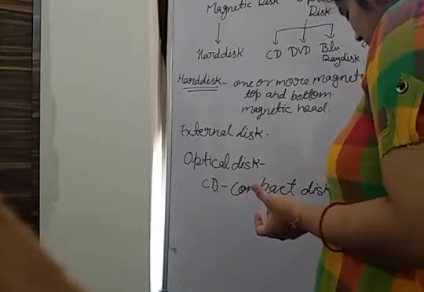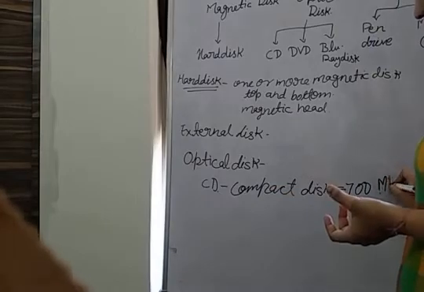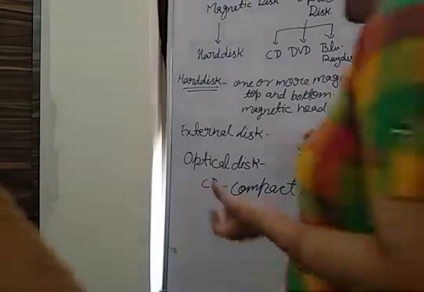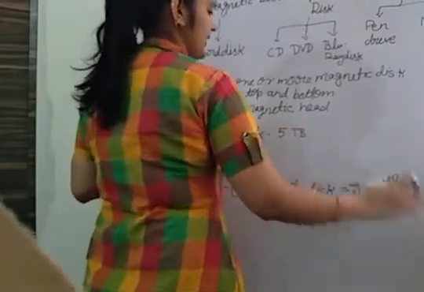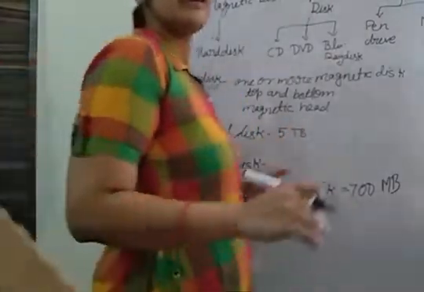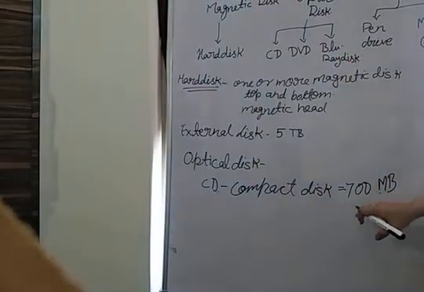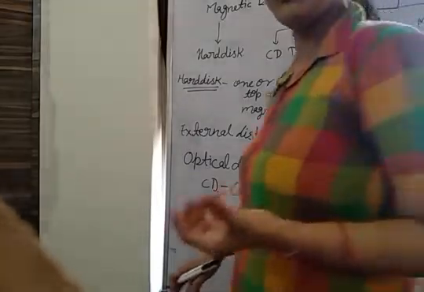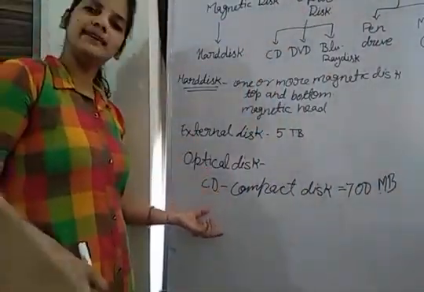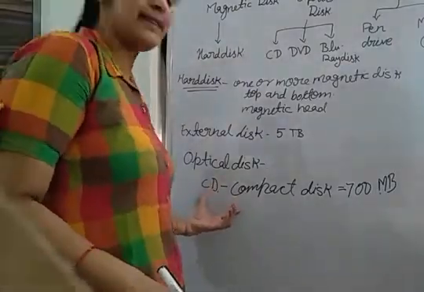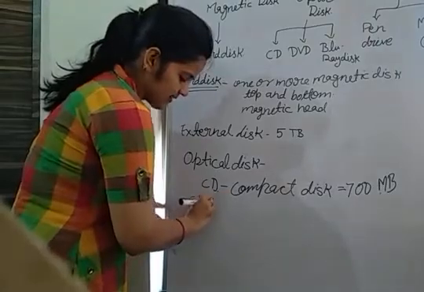One CD can store 700 MB of data, and here hard disk can store normally 5 terabyte and up to it can be. Okay, and CD, there is a CD drive available in your computer on which you can place the CD and it will start working. Means you can read the CD after inserting it in the CD drive.